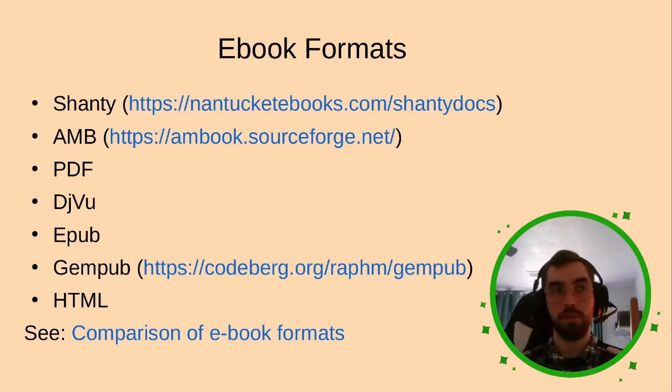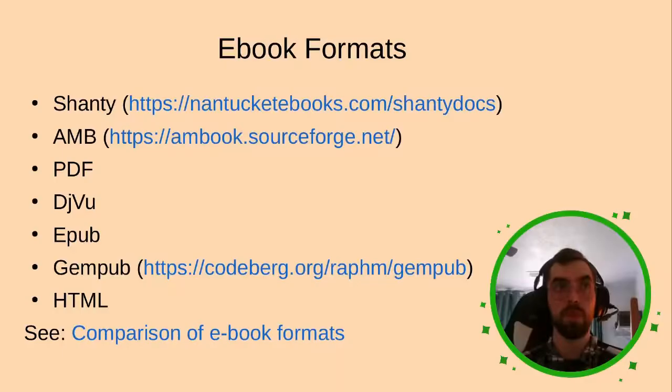The PDF is a common format for people to use for comic books and ebooks. One of the major downsides is that as a reader, I can't choose the font and font size that I need, so it's not always accessible. DjVu is like PDF. It's often used for scanned copies of documents. And EPUB is the standard ebook format that does support resizable text.